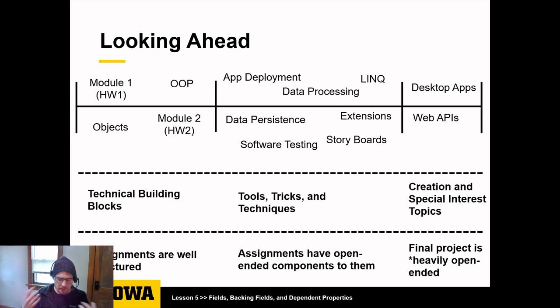In particular, our technical building blocks in this course are objects and object-oriented programming. And we are using them because to write large, complex pieces of software, you need to be able to break code down into smaller, more easily understandable units in order for you to build the thing correctly, right?